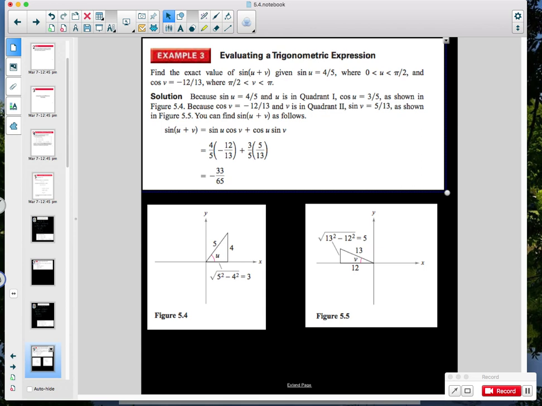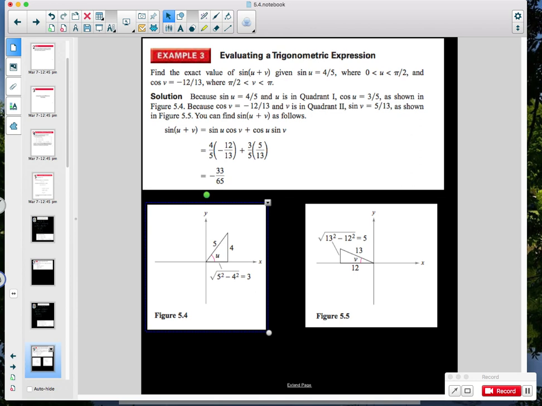When you do this situation, you have to do at least 2 pictures. We're moving into problems with 2 angles, so I have a U picture and a V picture. That's important. So let's do the U picture in quadrant 1.